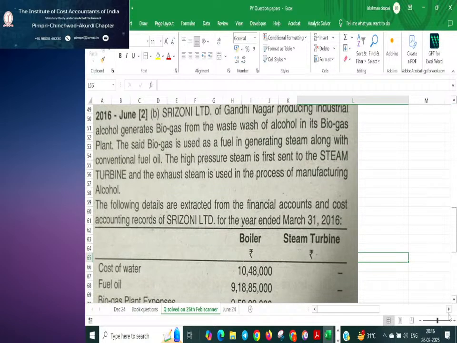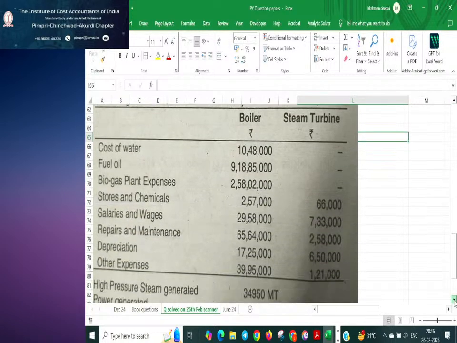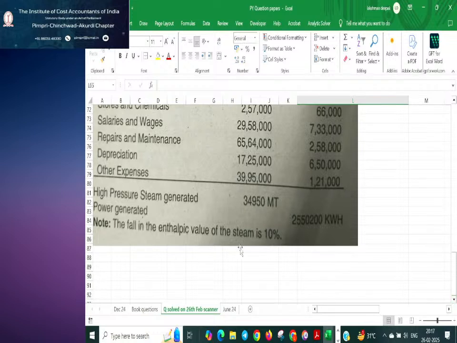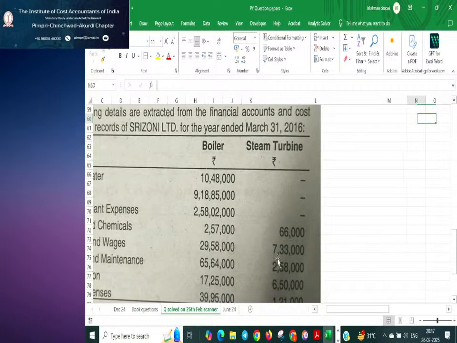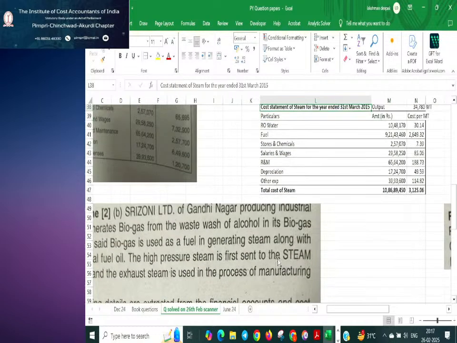Yeah. So ये क्या करेंगे? हमारे enthalpic value, we will get a credit. We will give a credit of 90% to manufacturing. Exhaust steam. ठीक है? तो ये 10% वहाँ पे adjust हो जाएगा. So I will just prepare it for power. You prepare it for steam on your own. Okay? So let me use the cost statement.